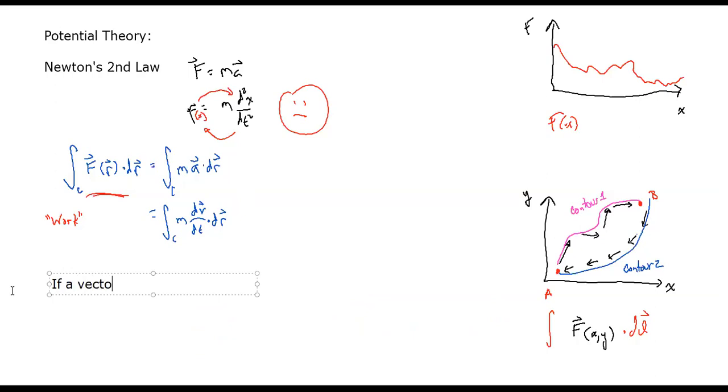So, and we're going to use abstracted terminology. So we'll just say if all contour integrals of a vector field are path independent, then the field is conservative.